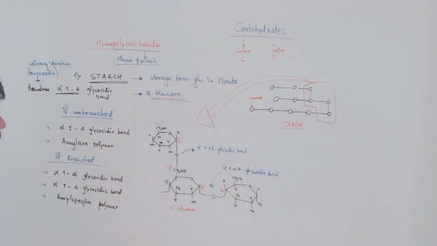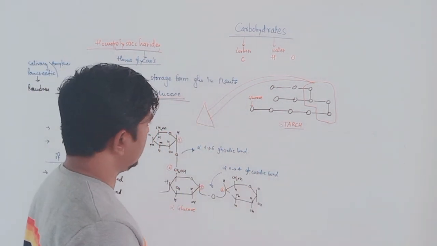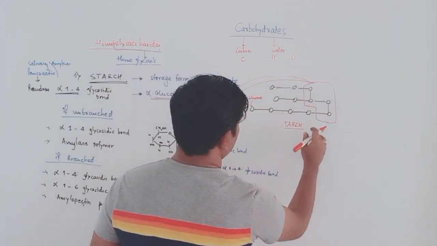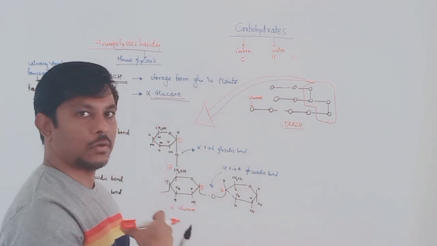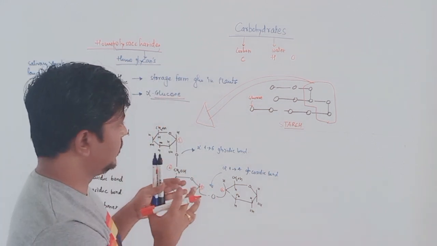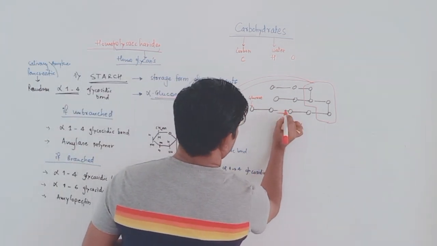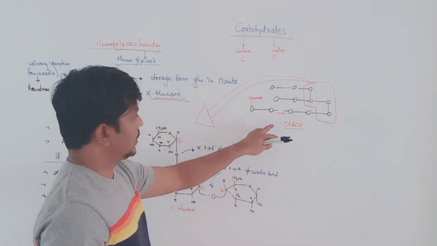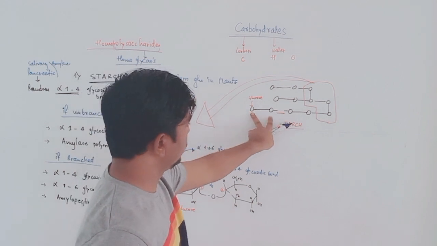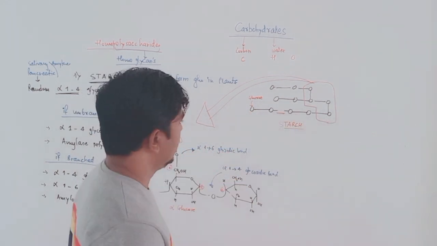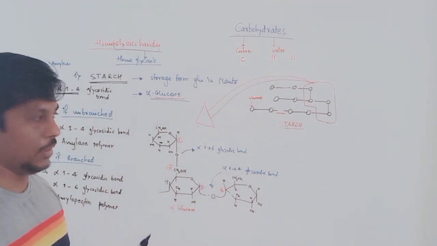So what happens when the digestion process occurs in the intestine? The starch molecule gets broken down into smaller units, some smaller and some larger, because they break the alpha 1,4 glycosidic bonds at random positions.